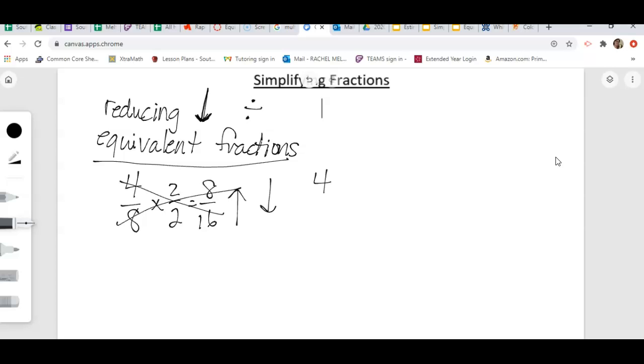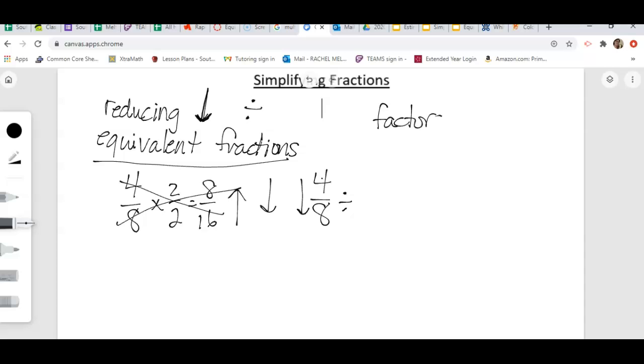So if I have 4/8 today, I want to make that an equivalent fraction that is less than 4 and less than 8. So that means I have to divide. Well, in that case, I have to find factors in common for both 4 and 8.